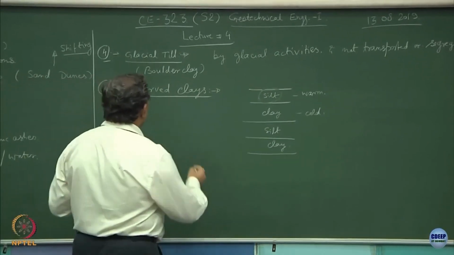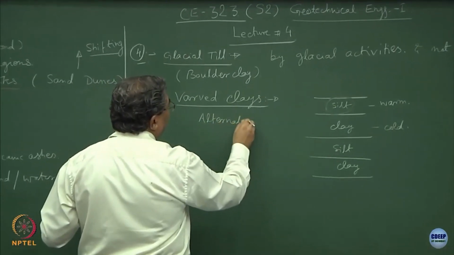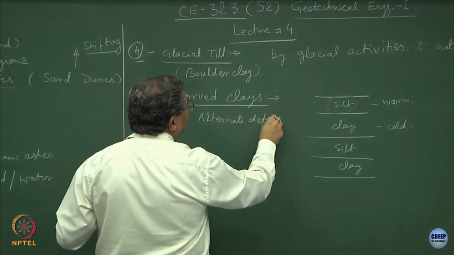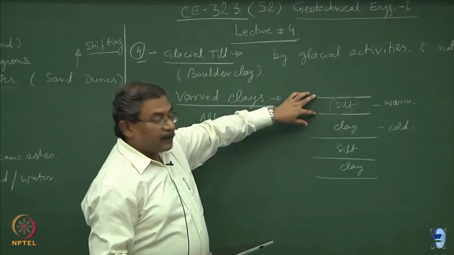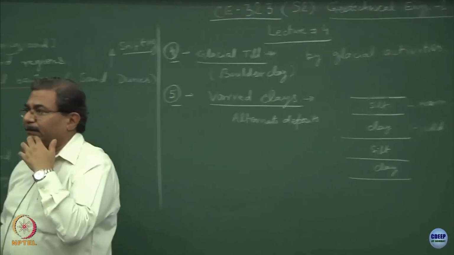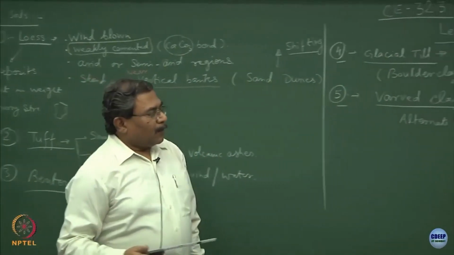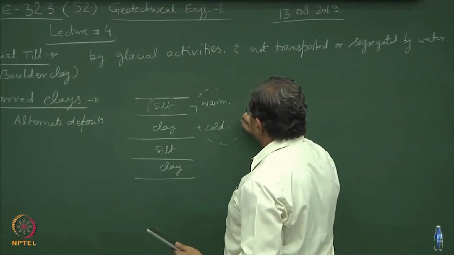So, these are basically alternate deposits. The thickness of these deposits could be substantial, even a few tens of meters. I think now you can realize the influence of environmental activities on the formation of soil.